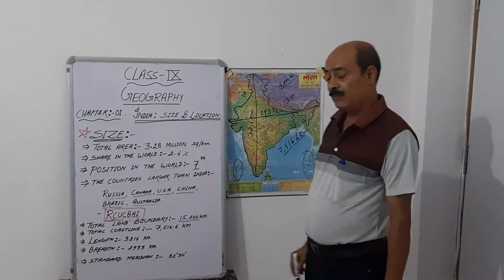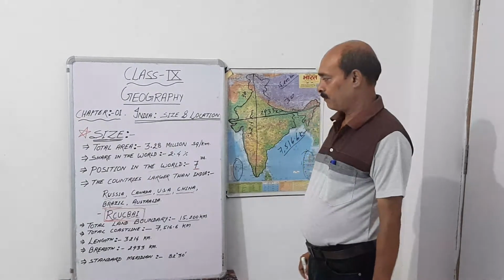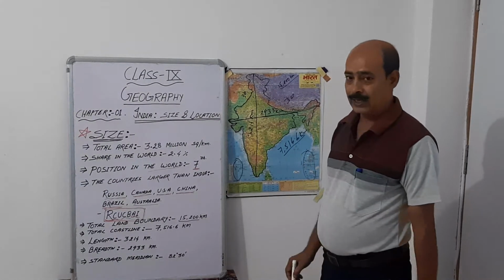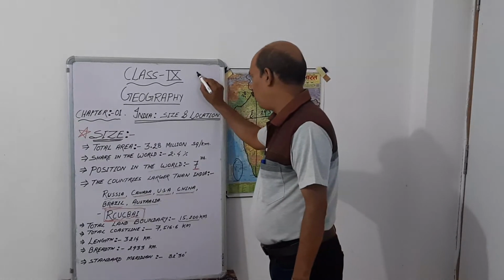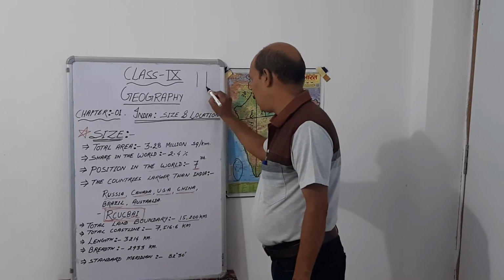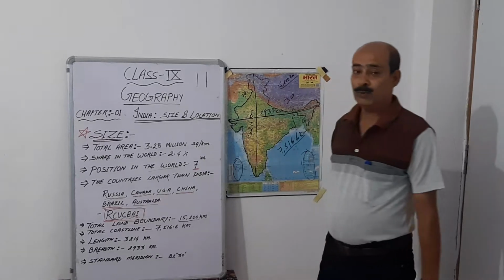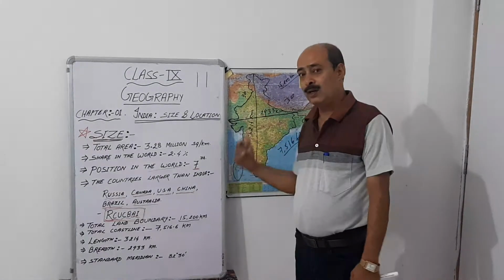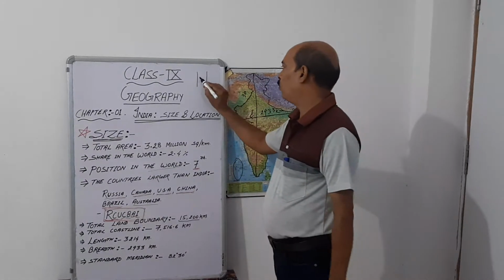In the matter of time, you know that moving 1 degree of longitude to the next takes 4 minutes.